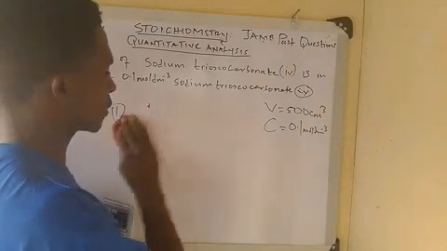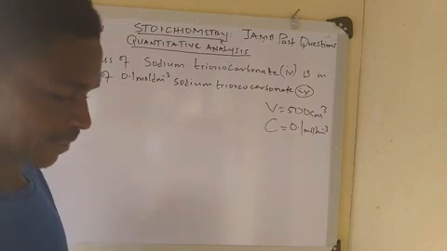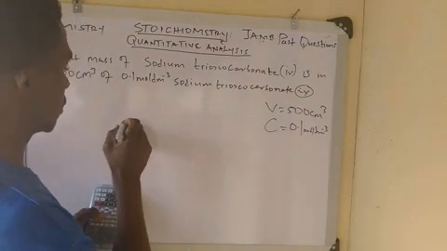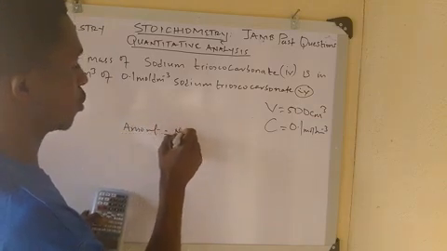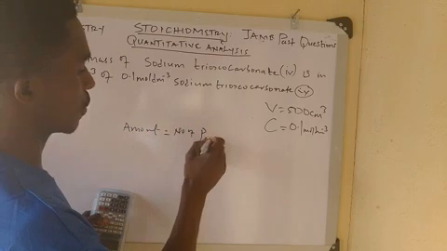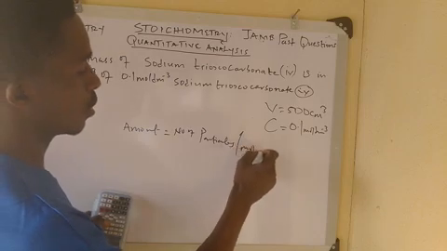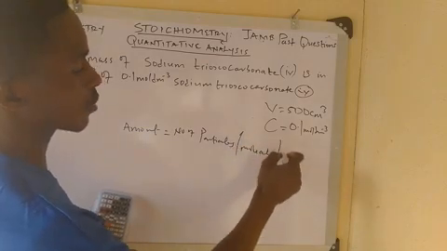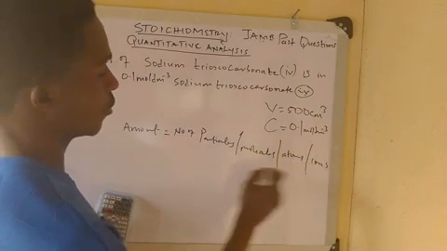If you look at that mole concept also, you'll notice that the number 2 formula says that amount is equal to number of particles, or molecules, or atoms, or ions.